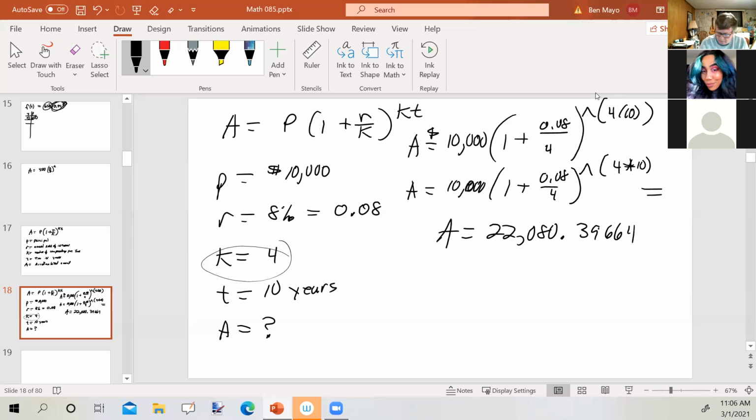Okay, now, since we're dealing with money, we're going to round to the nearest cent. One column over, this would round up, so our final answer would be $22,080.40.